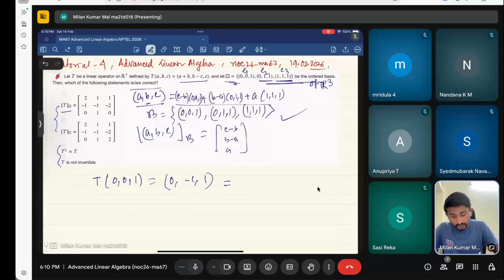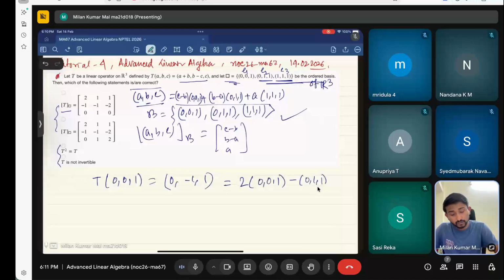And T is sending. So therefore the first column of the matrix representation of T with respect to this order basis will be 2 comma minus 1 comma 0. This is the first column of the matrix. And now T sending the entry 0 comma 1 comma 1, that is the second entry, by the formula A plus B, that will be 1, B minus C, that will be 0, and C, that is 1.